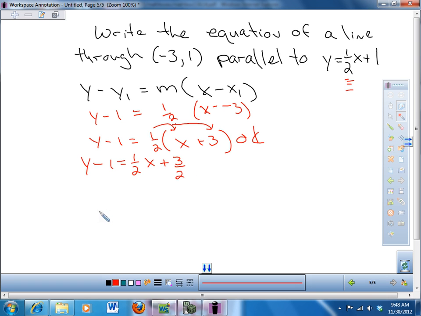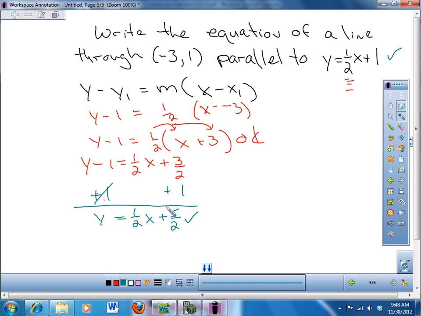Is this too much for you guys? Then I'm going to add 1 to both sides. What I get is y equals 1/2 x. Anyone know what 3/2 plus 1 is? Yep, 2.5 or 5/2. So notice that these two lines are parallel.